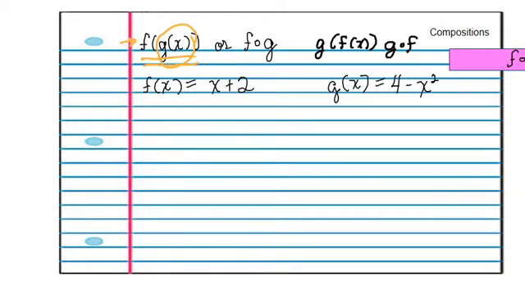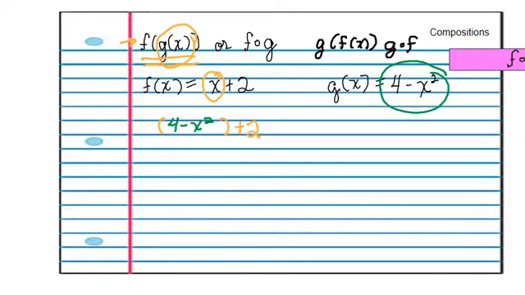So I'm going to take my f guy here, take the x away, add the 2, and put inside of it the g of x, the 4 minus x squared.